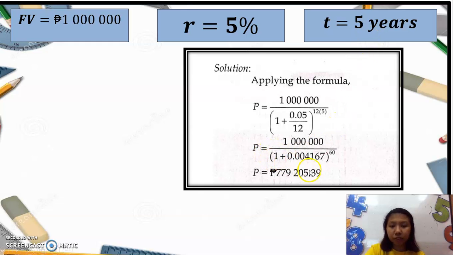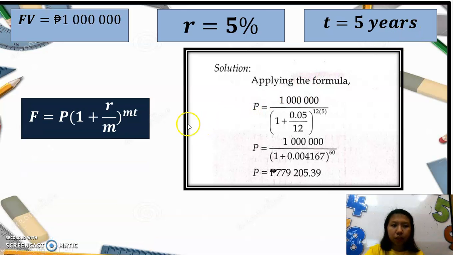Then just simplify. Upon simplification we will have 1 plus 0.004167, and 12 times 5 is 60. Upon using the calculator, we will have 779,205 pesos and 0.39 centavos. So you need to invest 779,205 pesos and 0.39 centavos in that bank if you want to have a future value of 1 million pesos in 5 years.